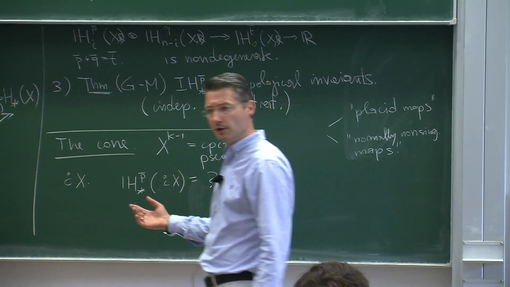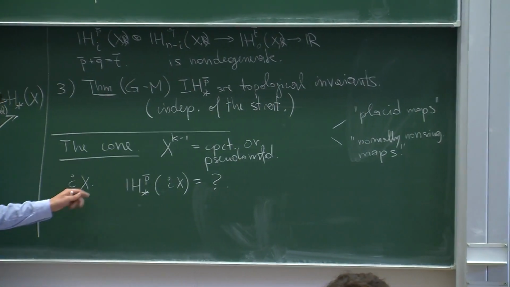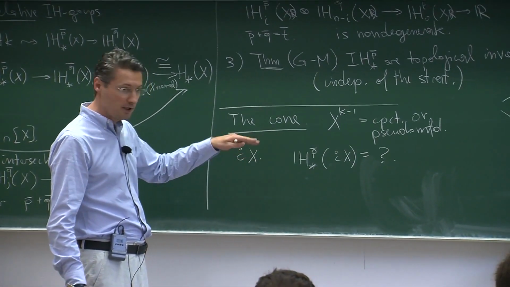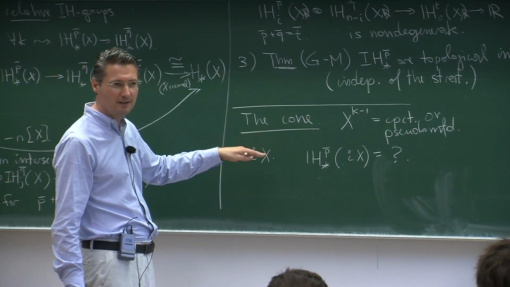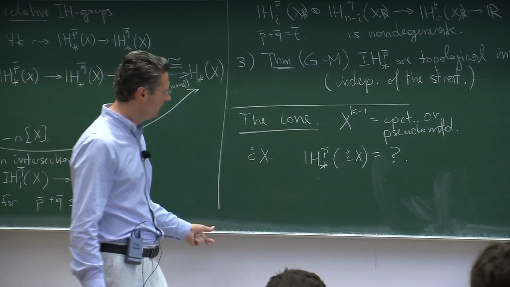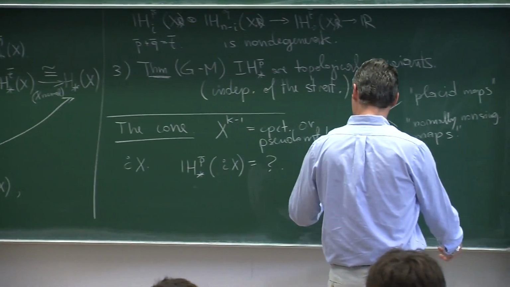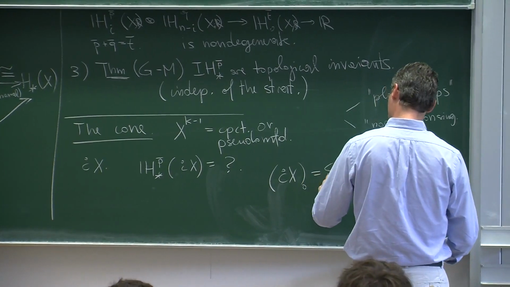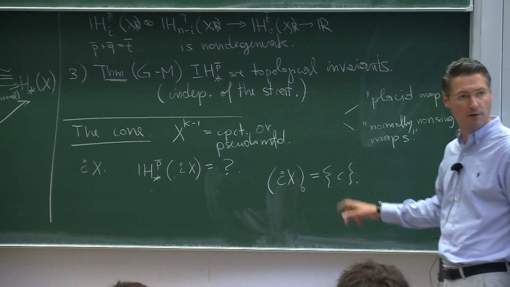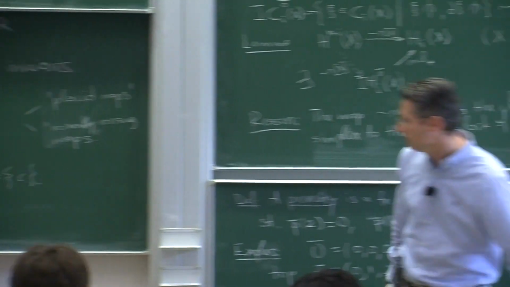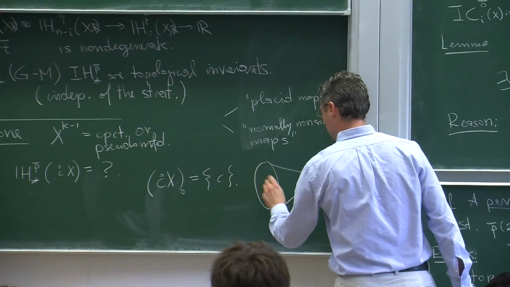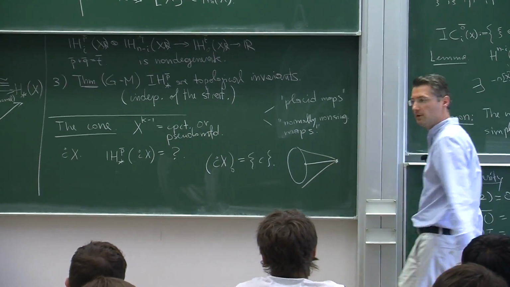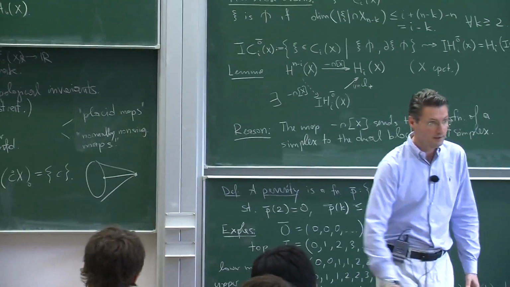Now it should be clear how the cone is to be stratified. If X is stratified, then you just take cones on the strata and take these to be the strata of the cone. And finally, you say also that the zero stratum of the cone should be the cone point itself. So I'll write C for the cone point here. All right, so the cone point should be, of course, if there's a stratum here, then the strata will go in like this, but then the cone point itself must be an additional stratum because it has a different link, right?